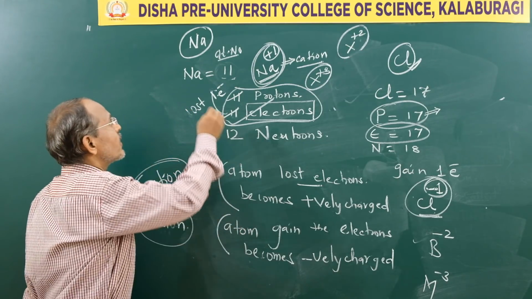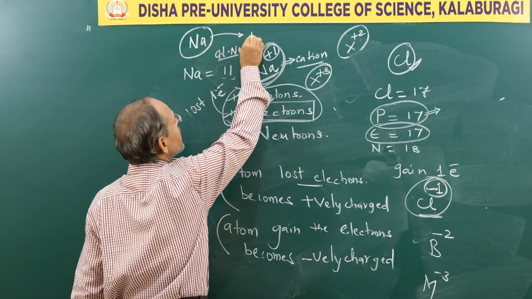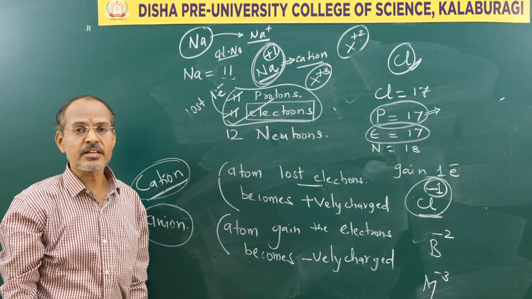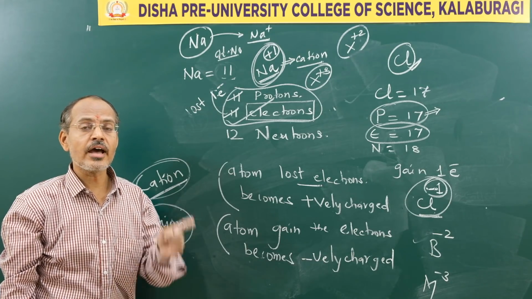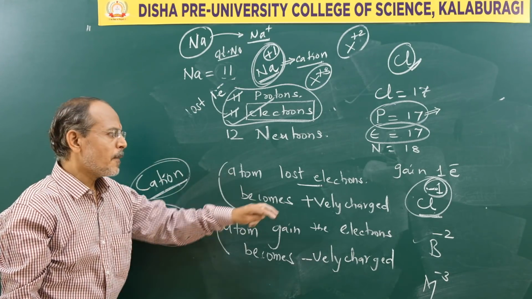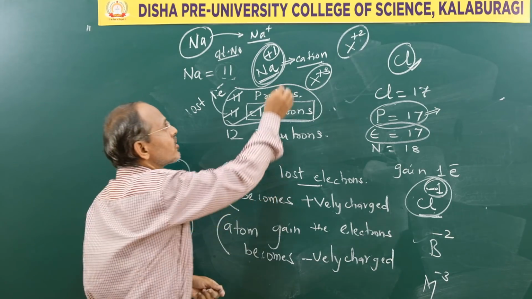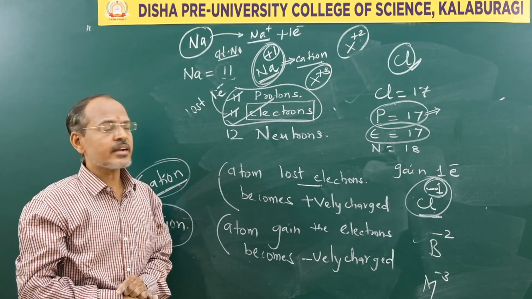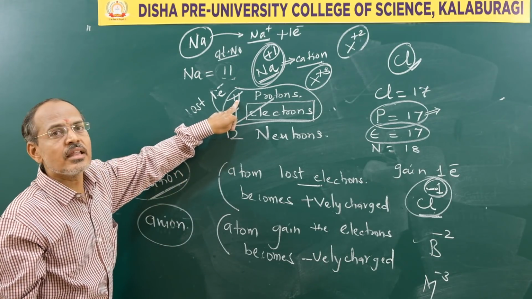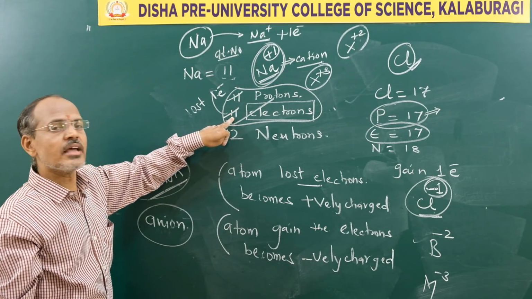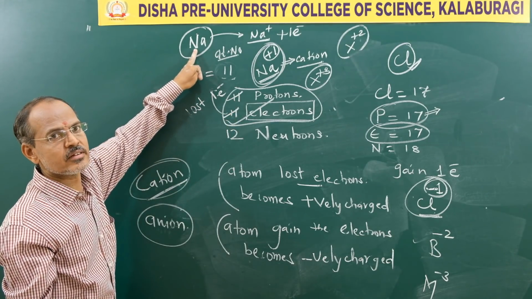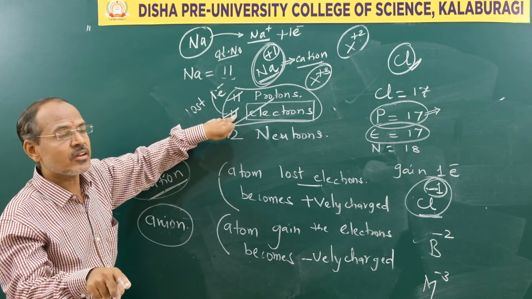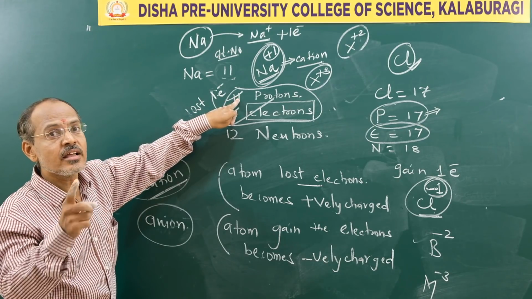But if I write Na plus, then I can say it is not an atom. It is called an ion. Why is it called an ion? Because it lost one electron. Look at the board. Here 11 protons are there, 11 electrons are there. But after losing one electron, the number of electrons will be 10 and the number of protons will again be 11 only.